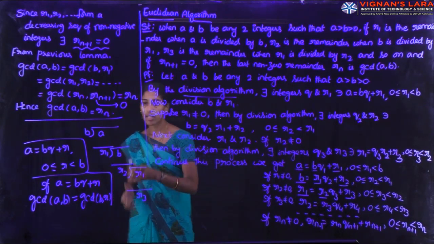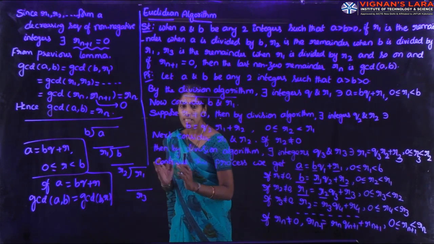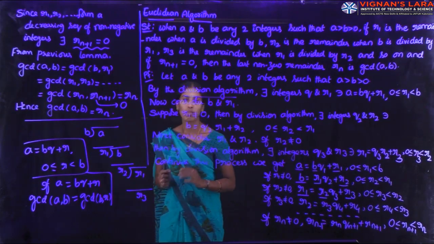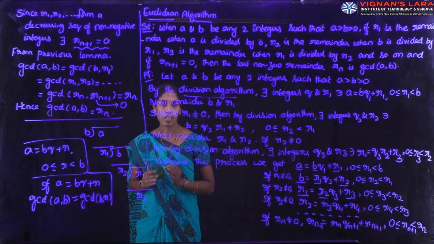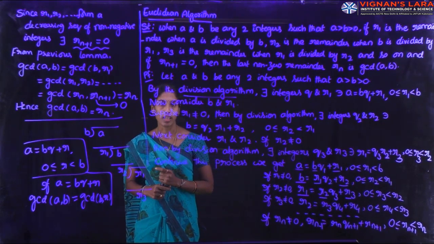Using this algorithm and this division procedure, whenever the last remainder Rn plus 1 is equal to 0, then Rn is the GCD. So we can conclude that the last non-zero remainder is the GCD of A comma B, always.